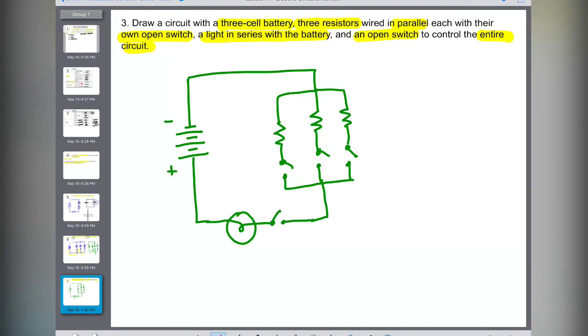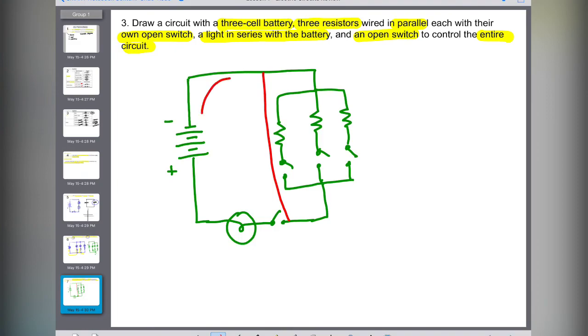Okay, another common mistake is sometimes people put an extra line like this before they branch it off to the parallel. Grade 9s do that a lot. If you put that there, you've just created a short circuit. The definition of a short circuit is when you have a battery and there are no loads. Okay, so the current is going to go so fast, you're going to heat it up, and a lot of accidents are caused by a circuit that has zero loads.